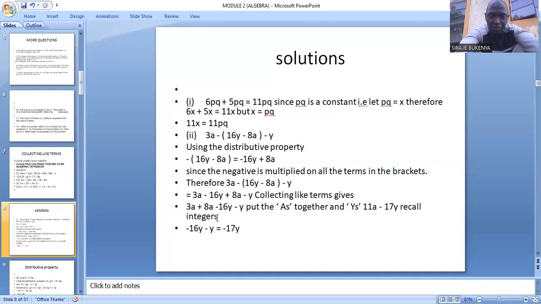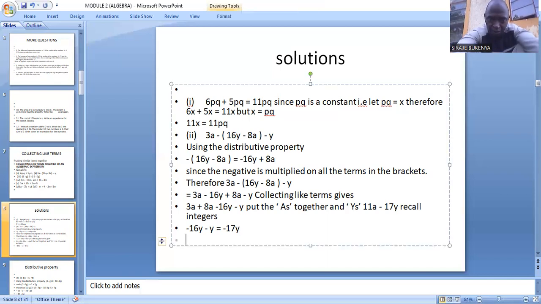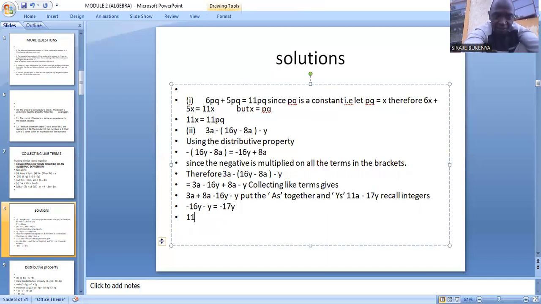And then you have 3a plus 8a also giving you 11a. So your answer here should be 11a minus 17y, like that.